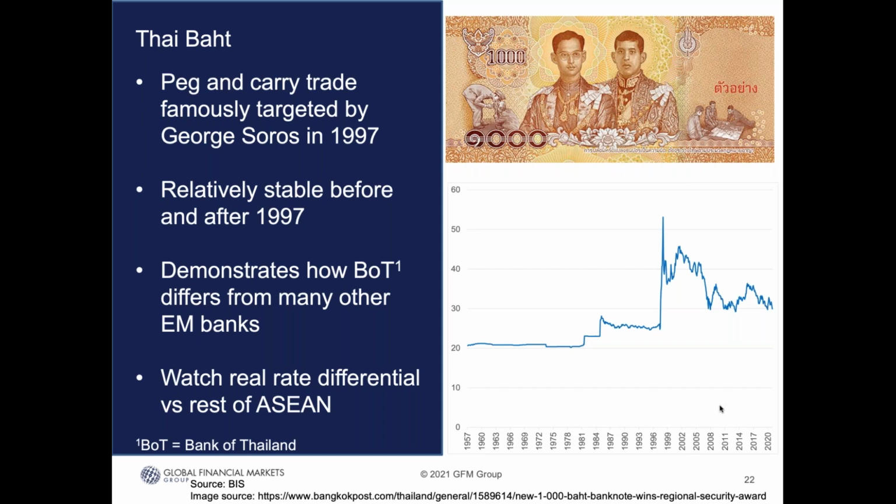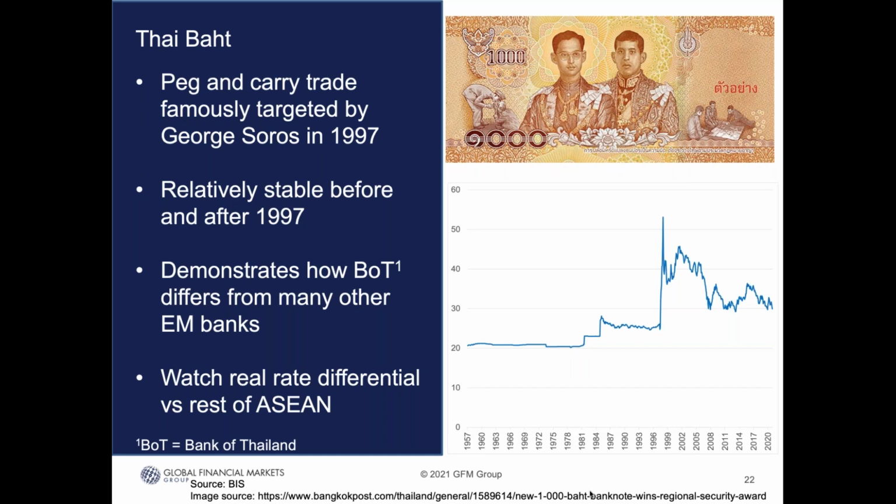The lesson learned from that is that the Southeast Asian central banks now have much heftier reserves and much tighter controls over their reserves to prevent a speculative attack like that happening again. Other than that, the Thai baht has been a relatively stable currency. It's well worth looking at, and in fact, it's looked at as a safe haven in Asia by many comparisons.